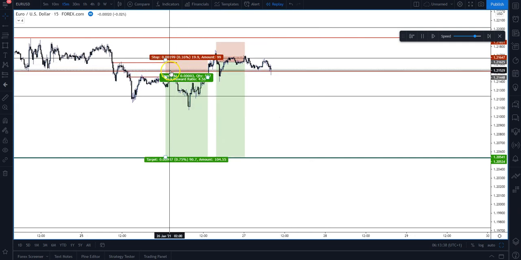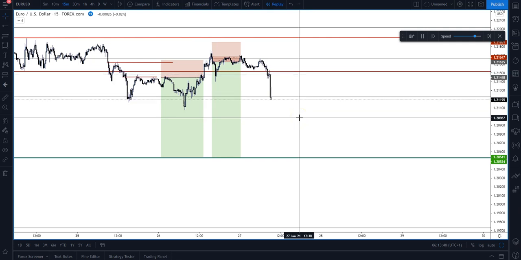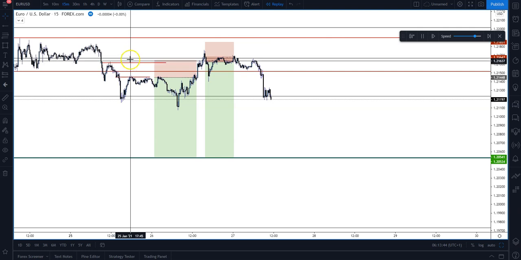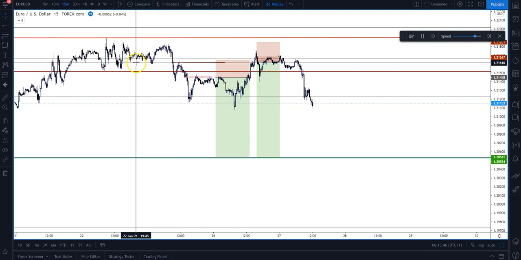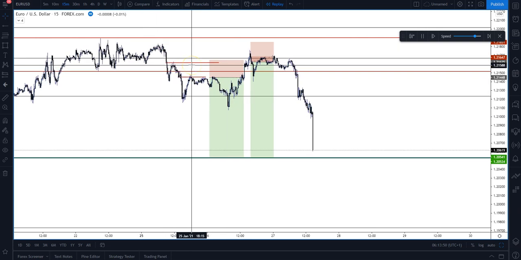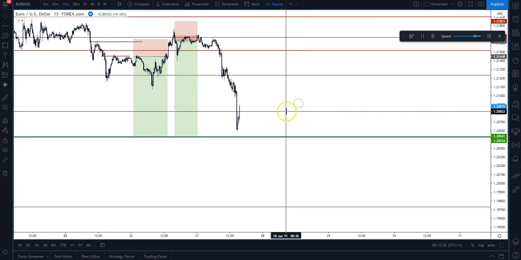So this trade would have been stopped out, the conservative trade, if the stop loss was above this high versus the actual doji high. So be mindful where you put your stop loss.